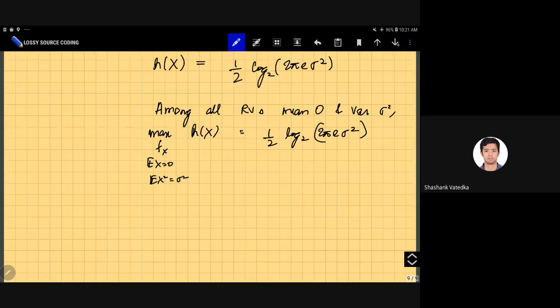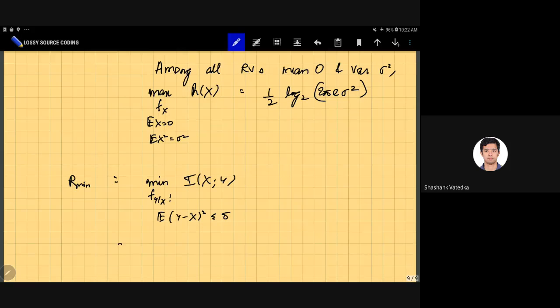So now what we're interested in is the minimum rate of lossy compression, which is the minimum over all possible fy given x of ixy, such that the expected distortion, which in this case is the mean squared error, y minus x the whole square, is less than or equal to delta.